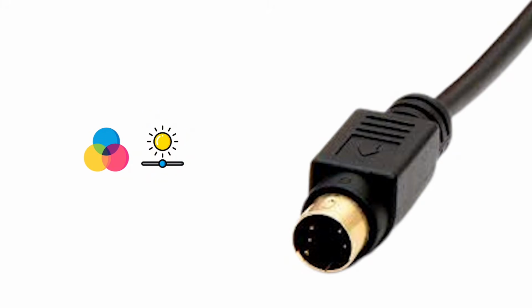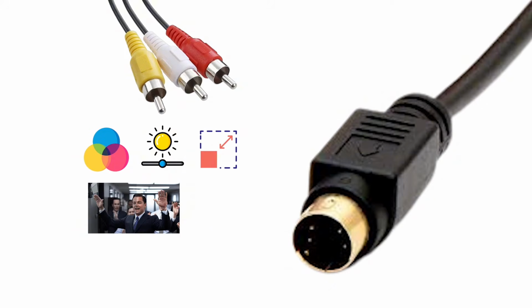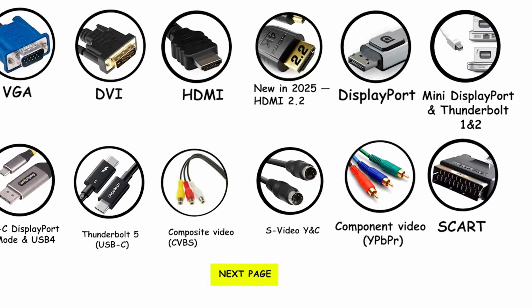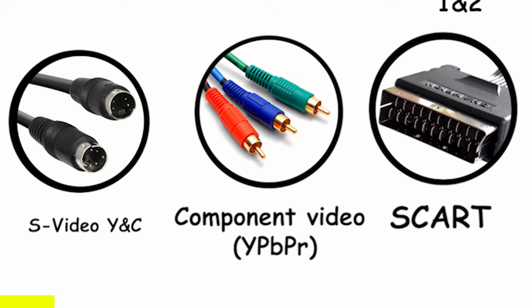Because color and brightness ride on separate wires, it looks cleaner than composite, with less color bleed and dot crawl, but it's still below the sharpness of component or RGB. No audio is carried on the S-Video plug. Use the red and white audio leads separately, common on older camcorders, VCR and S-VHS decks, early DVD players, and retro consoles. Component video, YPbPr.